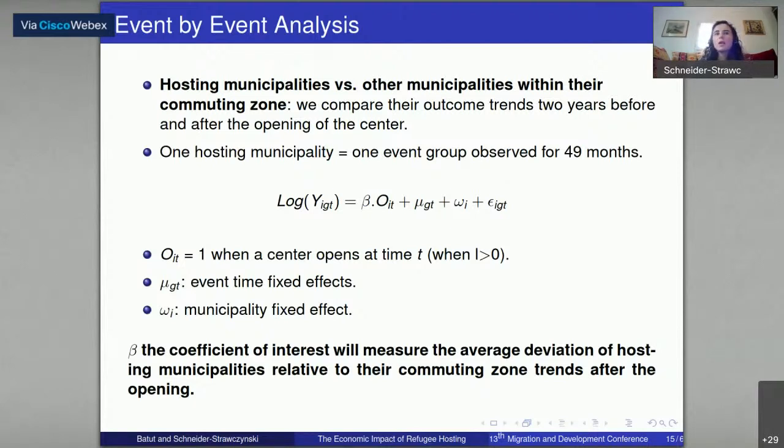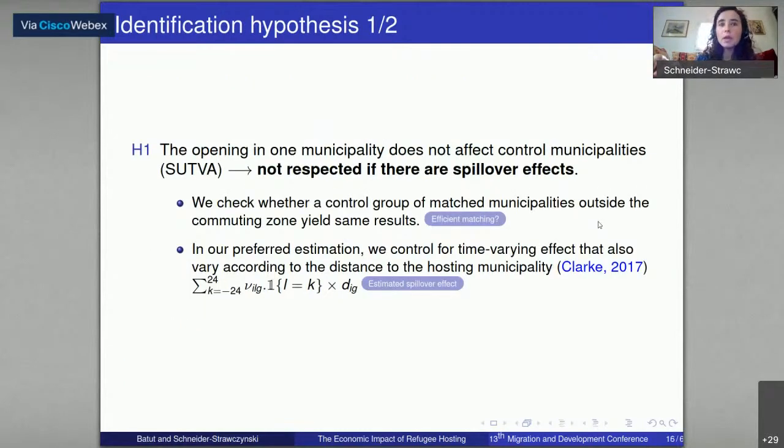We cluster the standard errors at the municipality level. And in the end, the estimated effect measures the average deviation of hosting municipalities relative to their commuting zone trends after the opening. So within this specification, there are two identification hypotheses.